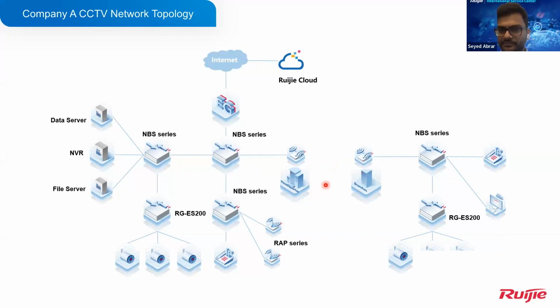And it is very difficult also. So if you use the EST bridge, we can extend your network to communicate with your headquarter from your branch office. So here you have NBS series switches, IP phones, PCs and cameras. So this is our typical network architecture.